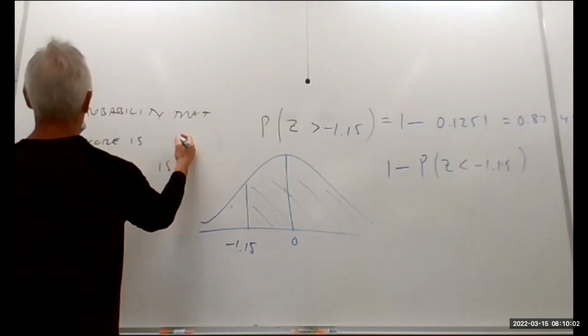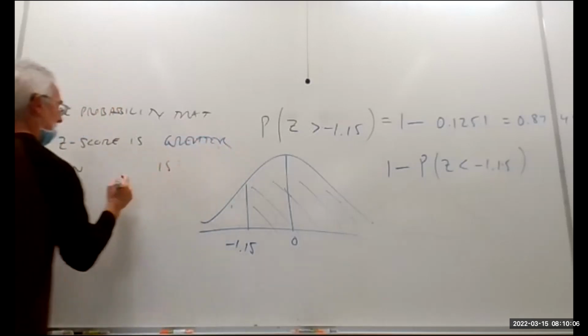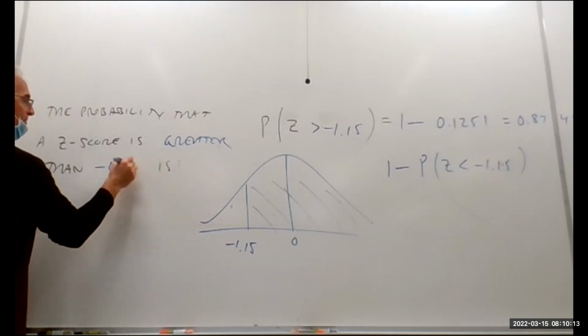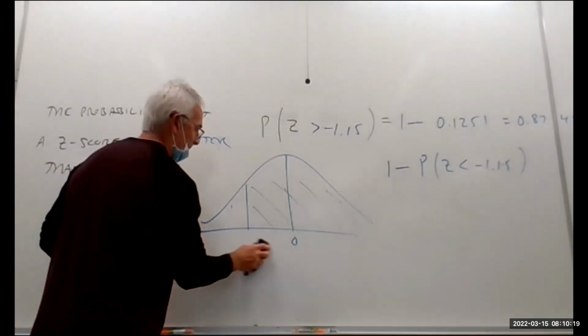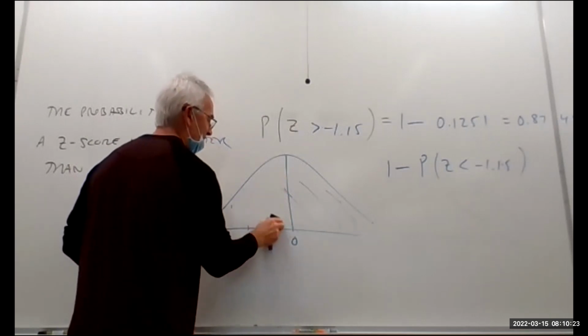Whoops, I erased it. Z-score is greater than, sorry. Let's say negative 0.02. So in my picture, I'm really close to the middle now.